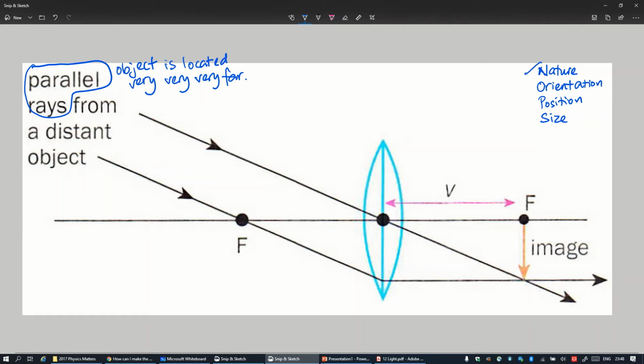Now, how about the orientation? The light rays are coming from above the principal axis. So this is your principal axis. The light rays are coming from above the principal axis, and after passing through the lens, it converges below the principal axis.